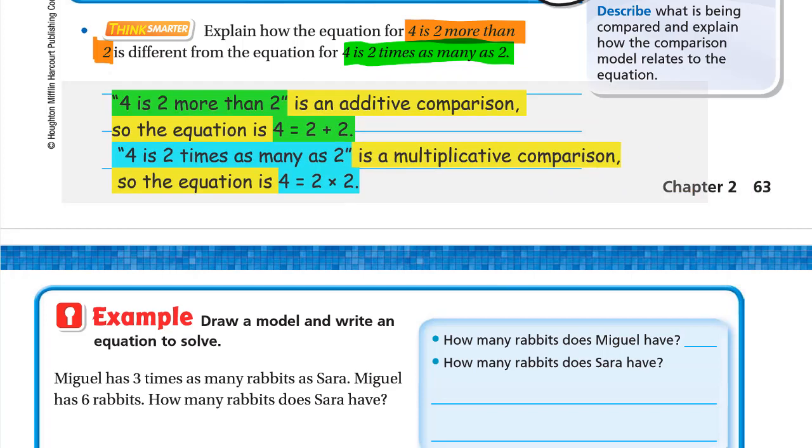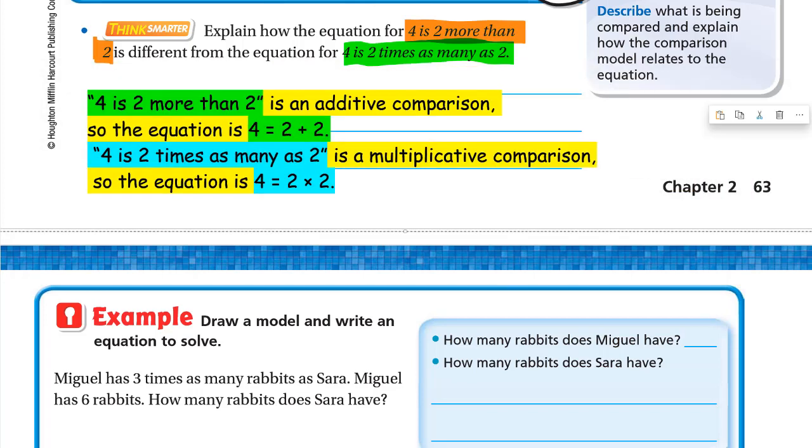Okay, so we can say that 4 is 2 more than 2. This is additive comparison. So the equation is 4 equals 2 plus 2. And 4 is 2 times as many as 2 is a multiplicative comparison.